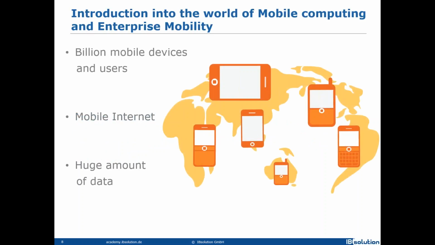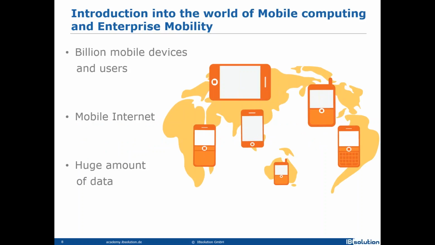The world of mobile is really huge, and it's doubling every year. I believe I have 2 smartphones and a tablet, and I'm sure you also have at least 2 devices next to you. Everyone is using mobile devices, and their numbers are doubling every year.